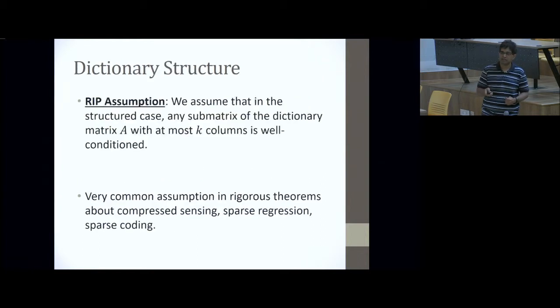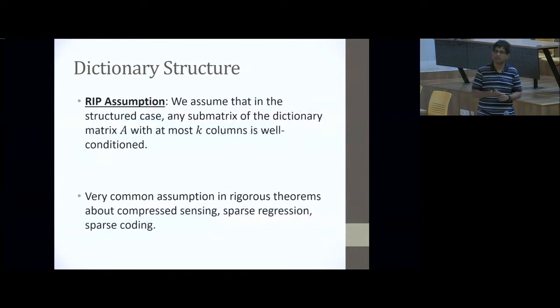Our theorem makes an assumption about the dictionary, but it does not make any assumption about the distribution of inputs. The inputs y1 through yp, which are coming from some x1 through xp, could be distributed in some arbitrary fashion.